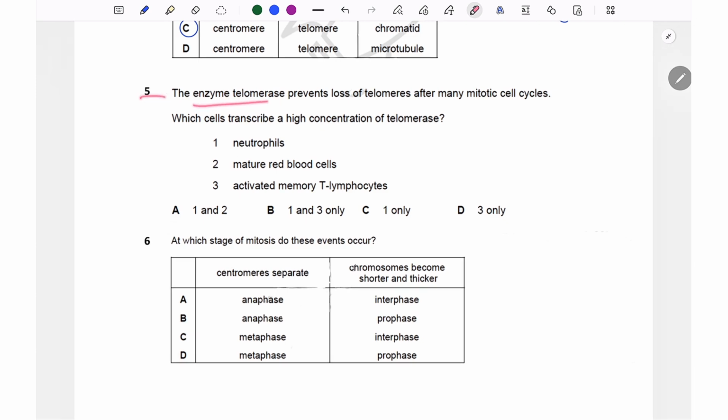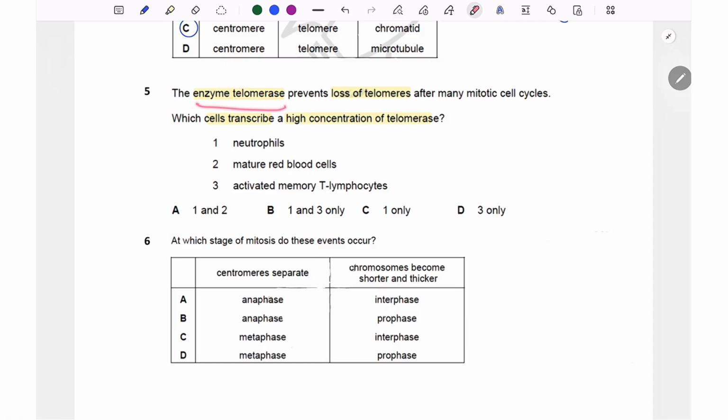Question five. The enzyme telomerase prevents loss of telomeres after many mitotic cell cycles. Which cell transcribes a high concentration of the enzyme telomerase? The enzyme telomerase comes up in a lot of questions, so it's important to know what it does and how it does that.